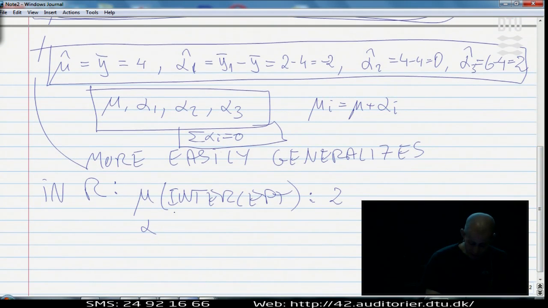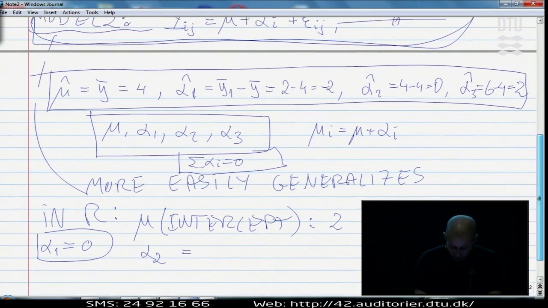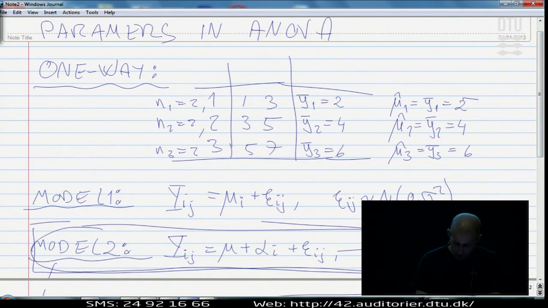Then it would tell us that alpha 2, whatever name it uses, actually it won't even tell us alpha 1, because alpha 1 is set to 0. That is the restriction in R, the mathematical restriction, making this match the 3 pieces of information. In R the first level is set at 0, and the second one would then be the difference between the first and the second group.